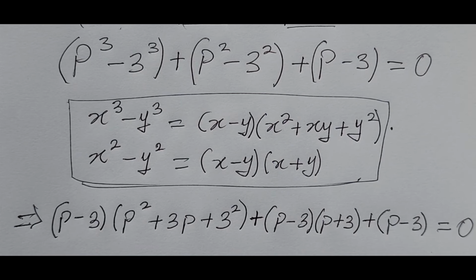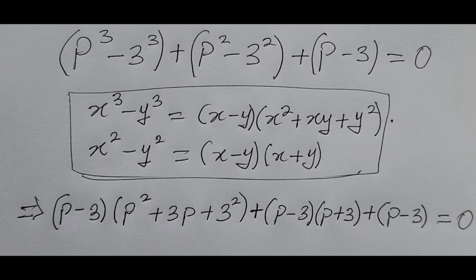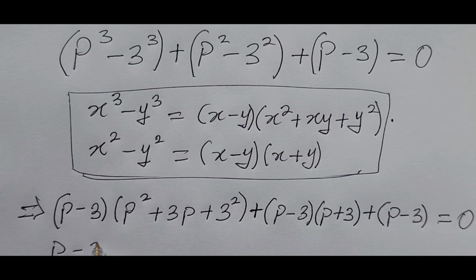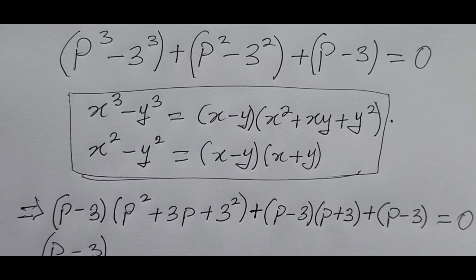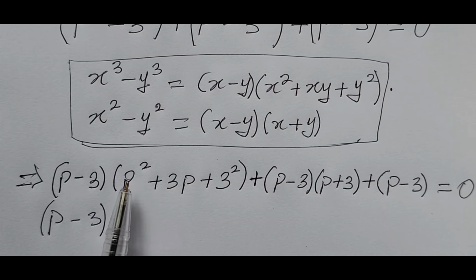So we can easily factor out (p − 3) from these expressions here. If we do that, this is going to give us (p − 3) here. Now you discover that if we use this to divide this expression, we are left with this.